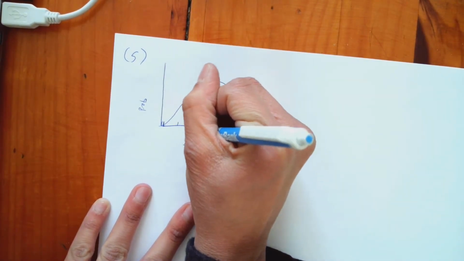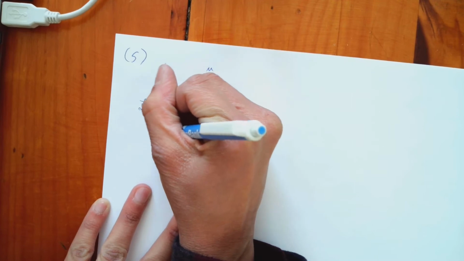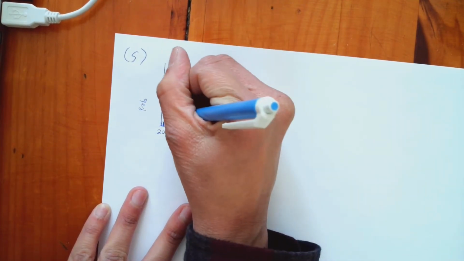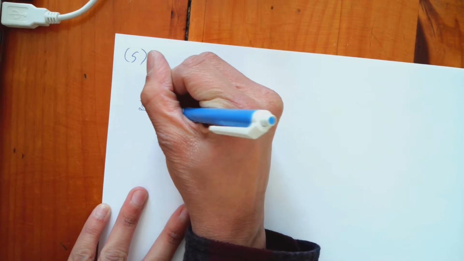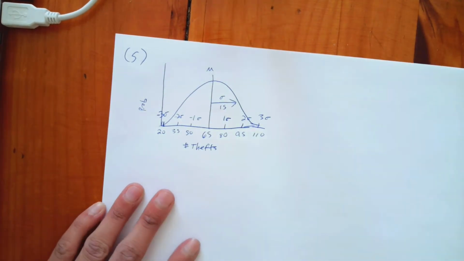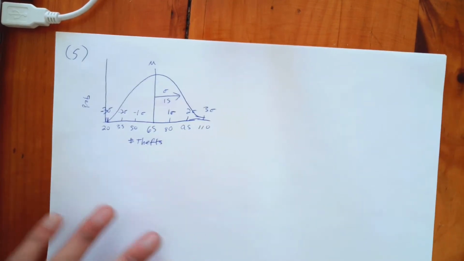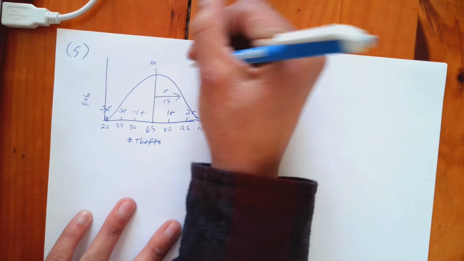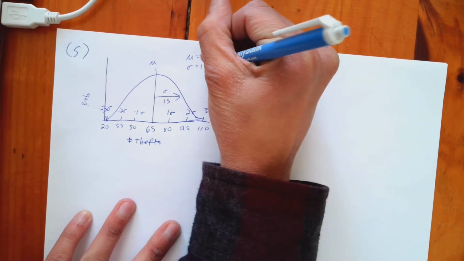And you get 50, 35, and 20 going in a negative direction. So far, I'm not putting anything new up here. I'm just rewriting what we had on some previous pieces of paper. And as we know, our mean here is 65, and our standard deviation is 15.